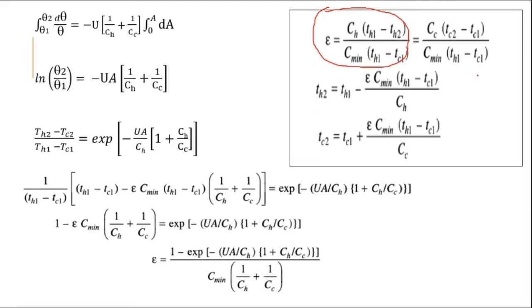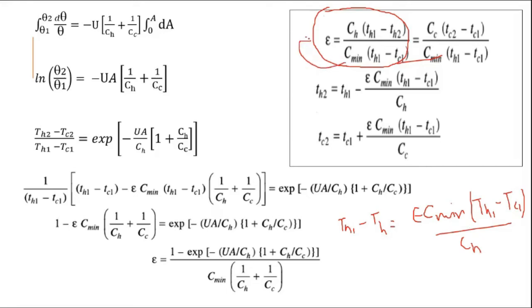Over there we can write that TH1 minus TH2 is equal to epsilon multiplied by C min multiplied by (TH1 minus TC1) divided by CH. Can we rewrite the expression like this? I am taking the denominator on this side and I am taking the CH value to the denominator.